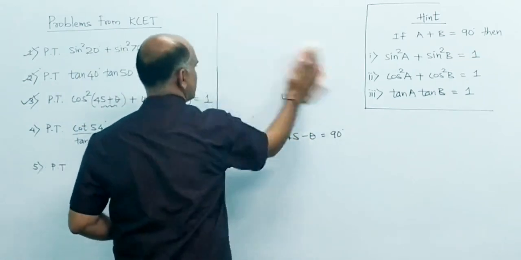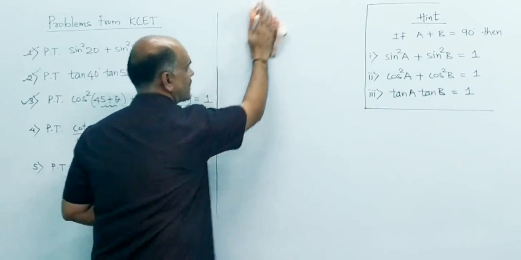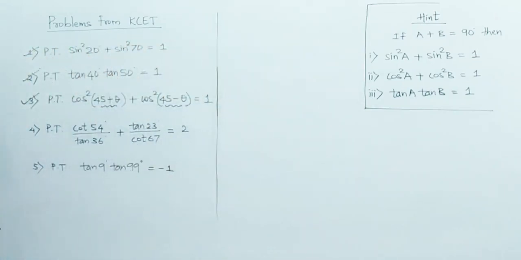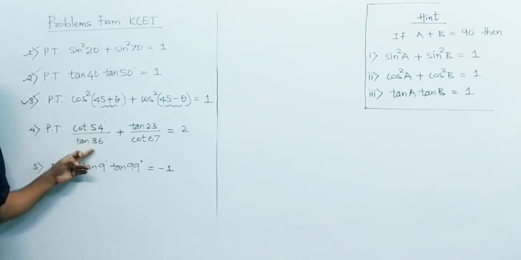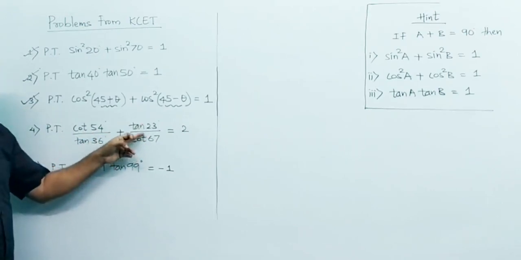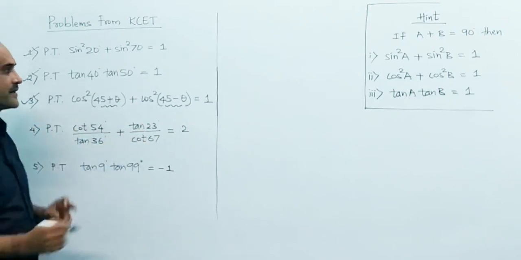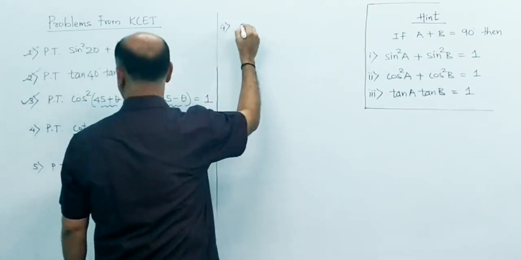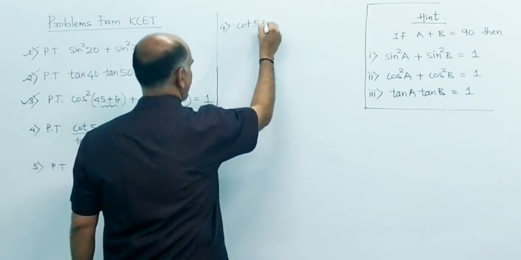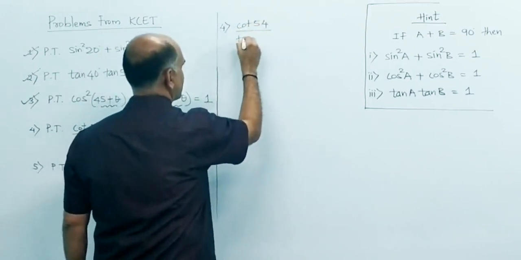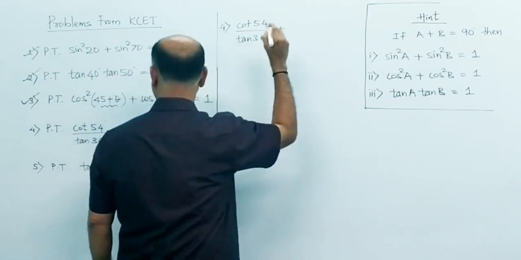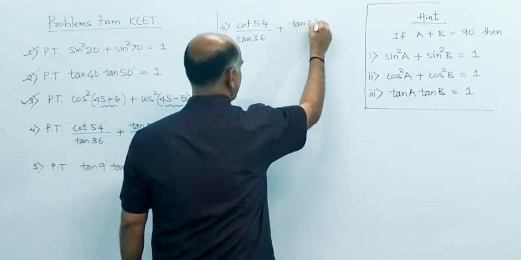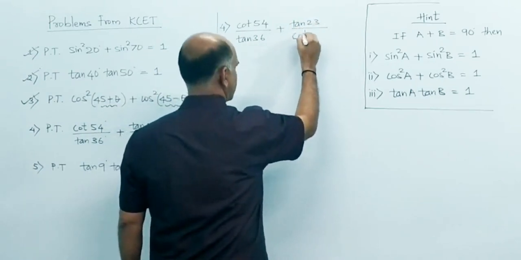Now, if I take the fourth one, if you observe the angles one below the other, 54 and 36 are also complementary. 54 plus 36 is 90. 23 and 67 is also 90. So the fourth one is cot 54 divided by tan 36 plus tan 23 divided by cot 67.